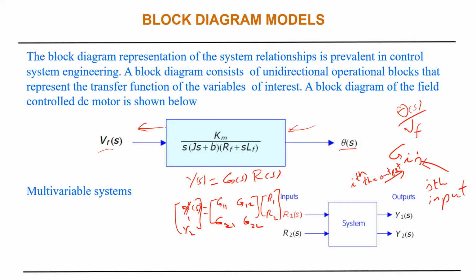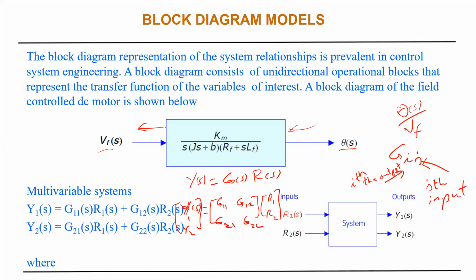So if I use this matrix, what is Y1 in terms of R1 and R2? It will be G11 multiplied by R1 plus G12 multiplied by R2. This is Y1. Exactly.